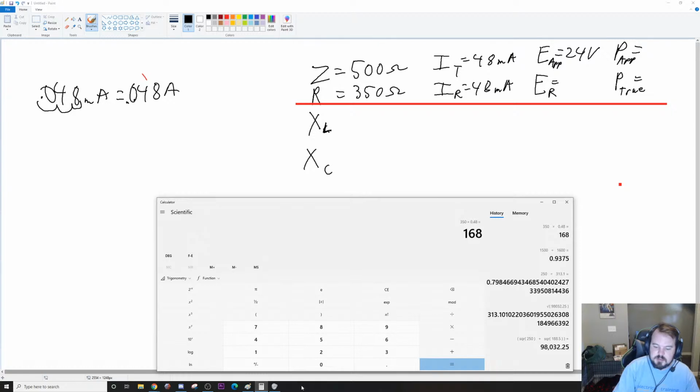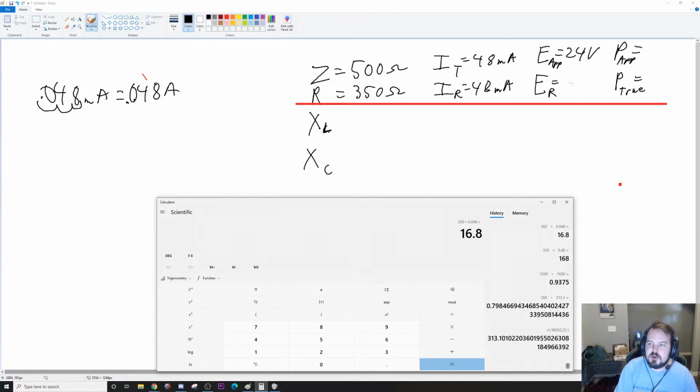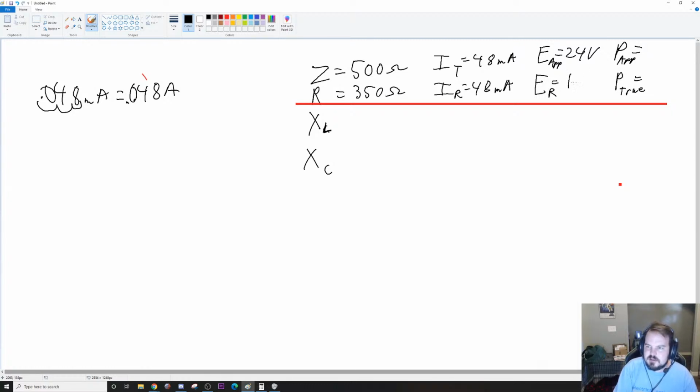So that would be 16.8. Let's do the math again: 350 times 0.048, 16.8. What cued me off is that your voltage shouldn't be higher than what you started with, and I had 168 volts showing, which is clearly wrong. Okay, 16.8 volts. And then we just rinse and repeat.